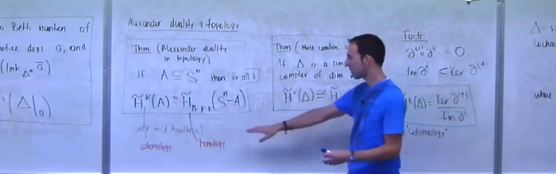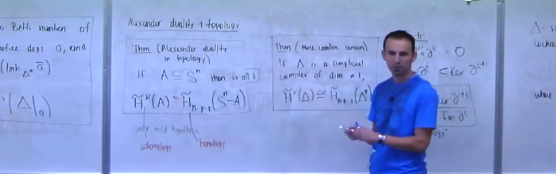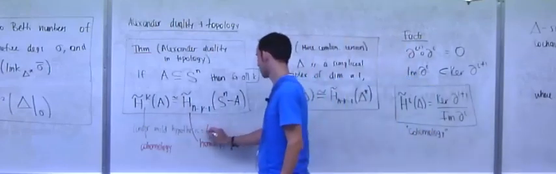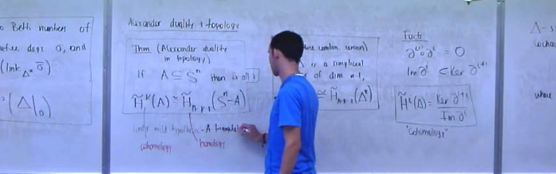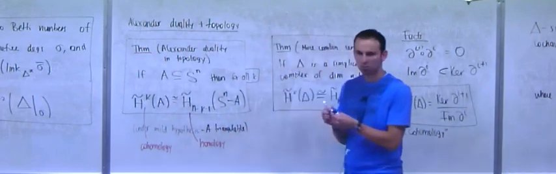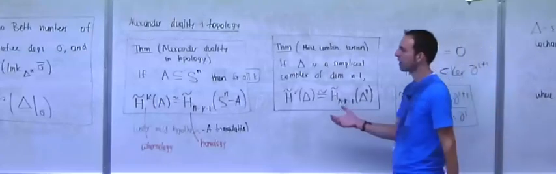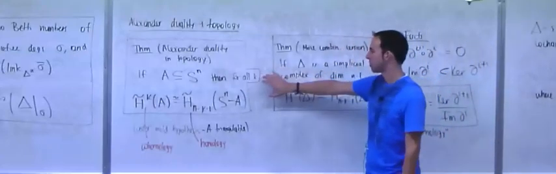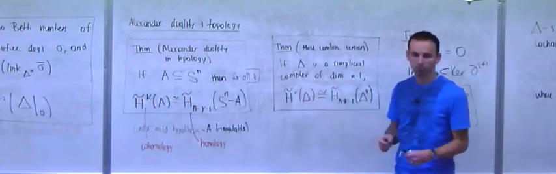I should tell you that the mild hypothesis is just that you can triangulate A. In other words, you can represent A by a simplicial complex. Okay, so you should think about why it is that these two are kind of incarnations of the same thing. Okay.